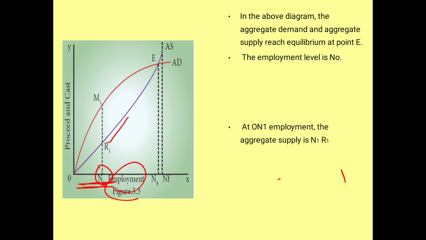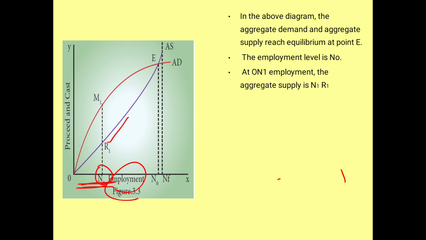Now you see, the employment level is supposed to be ON. Now at ON1, the employment, the aggregate supply is N1R1.